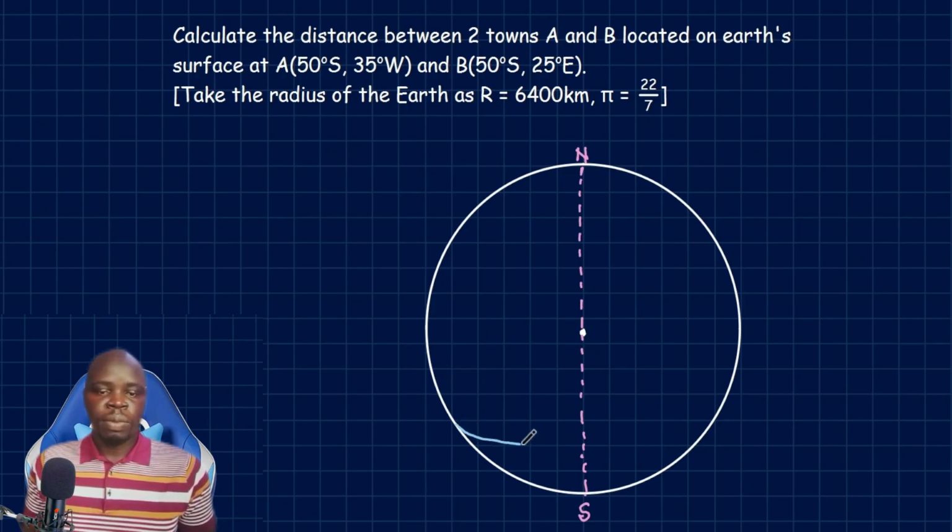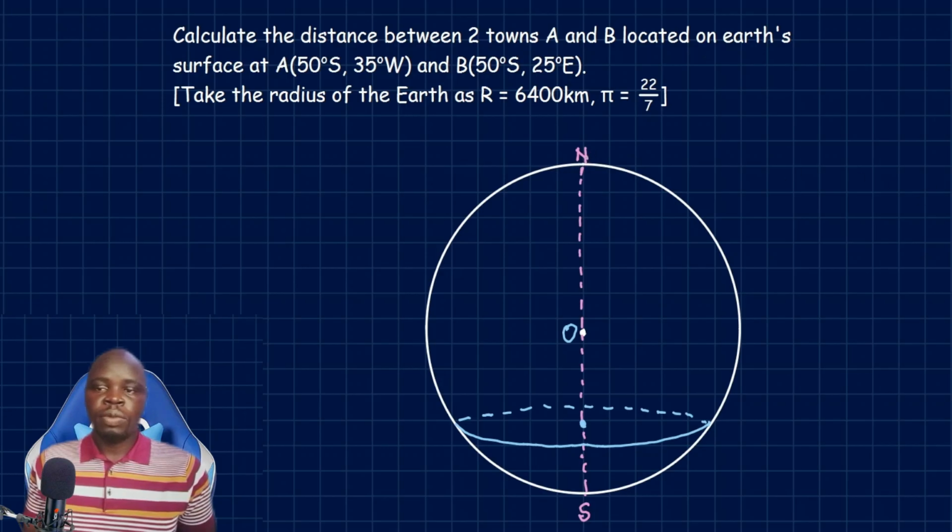This is just an estimation. It also runs on the other side there. So the center of this circle is somewhere here, and this is the center of the Earth. We can label it O. Now, the next one is 35 degrees west, and 35 degrees west would be around here.